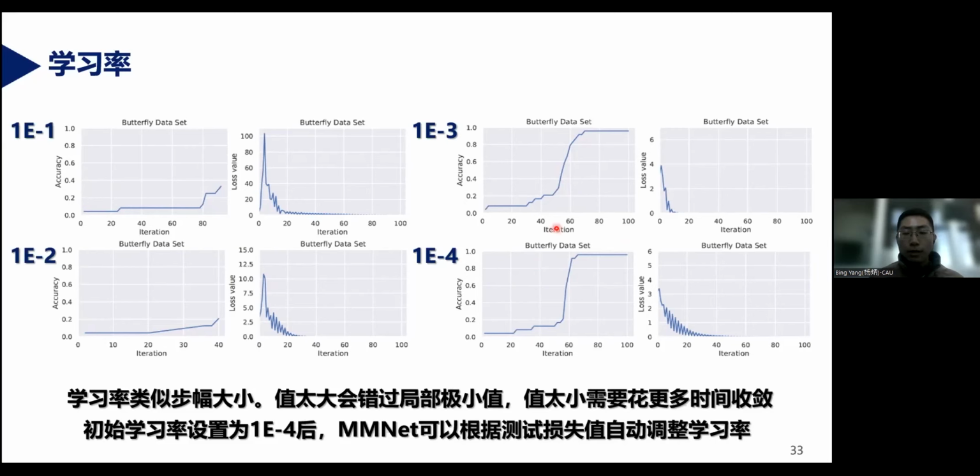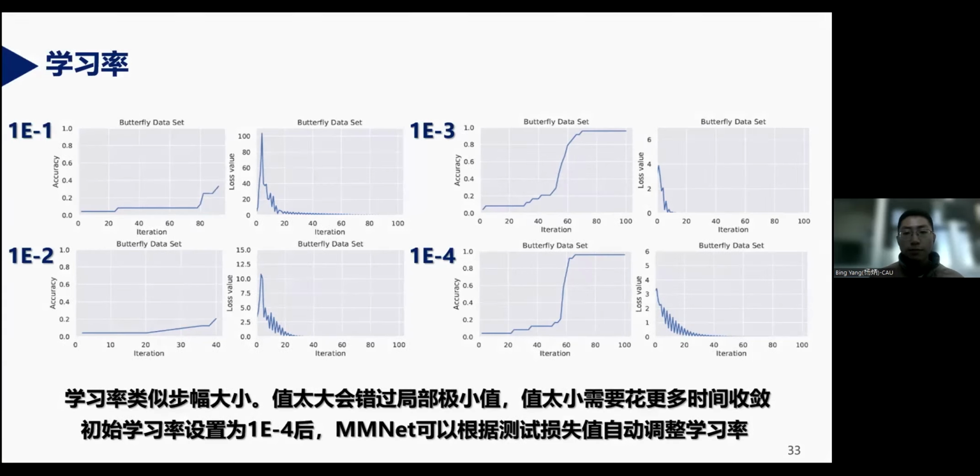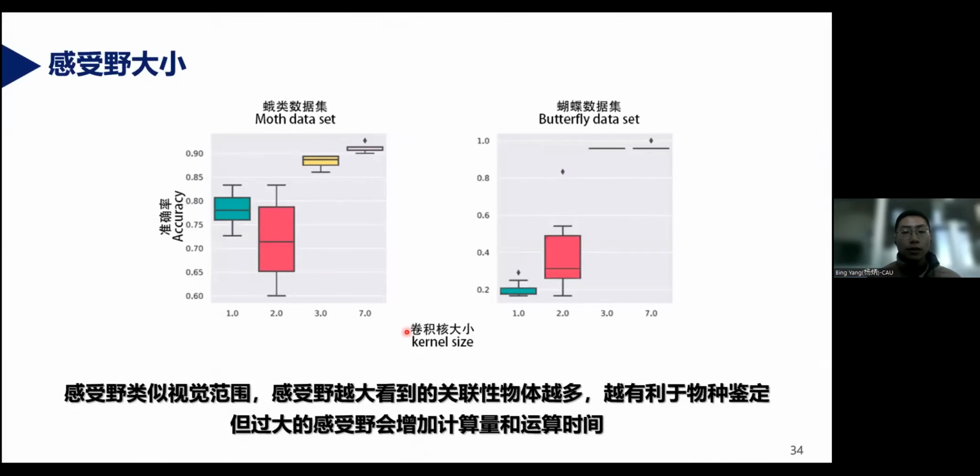Here you can see the axes of accuracy and iteration. As the value goes down, the accuracy goes up. Originally the learning rate is set, and our model is adaptive and can adjust the learning rate on its own.